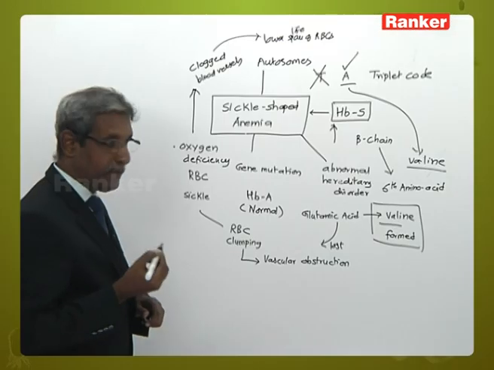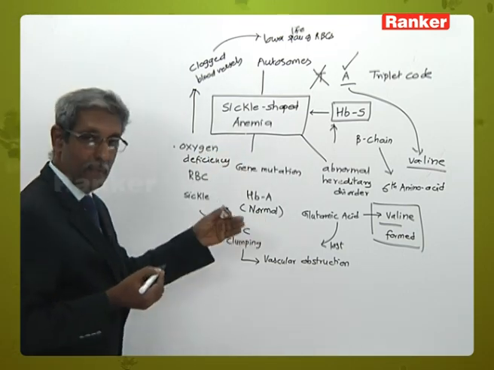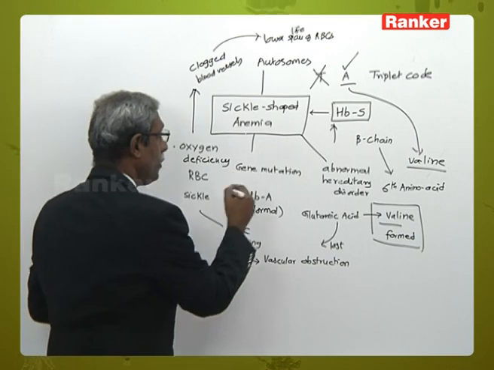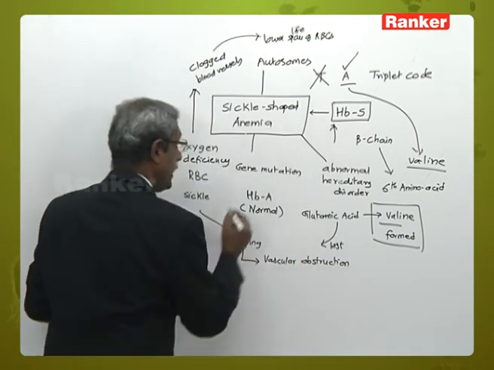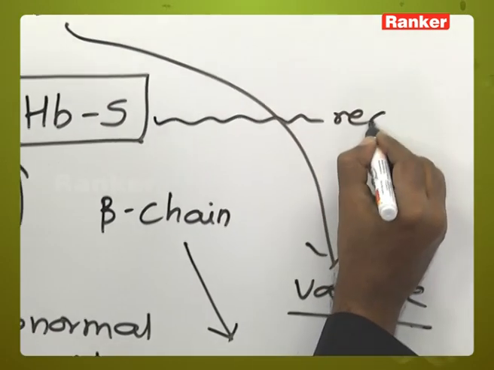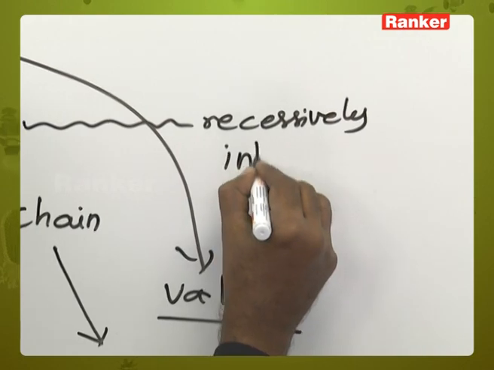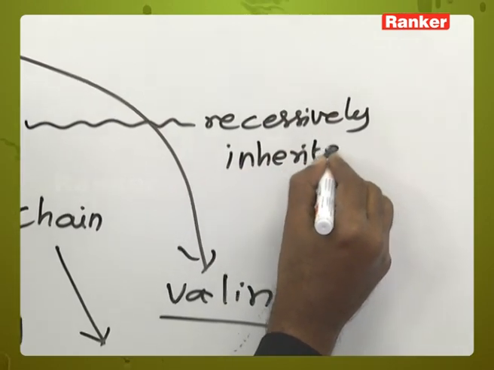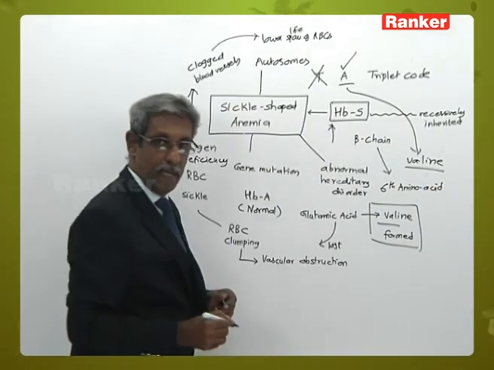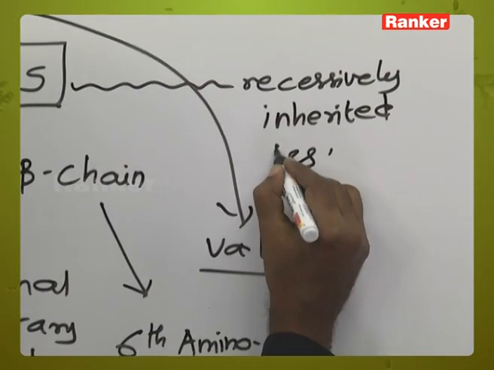Due to vascular obstruction, most of the metabolism is lowered. So, hemoglobin S, HbS, is recessively inherited, and it is inherited in the homozygous condition.